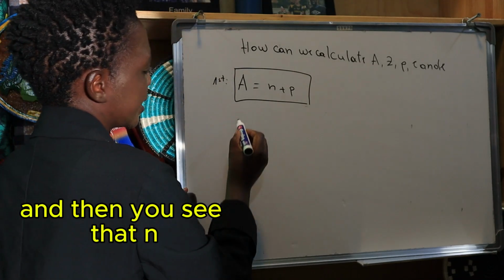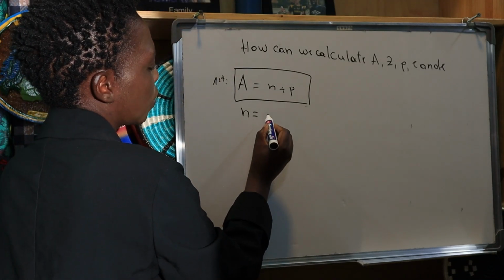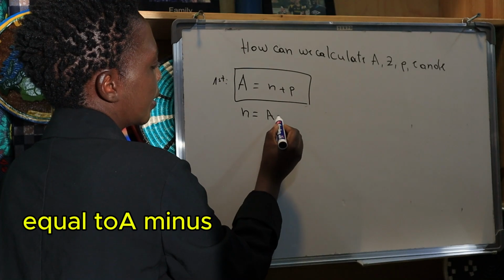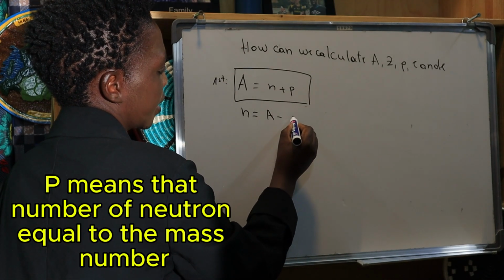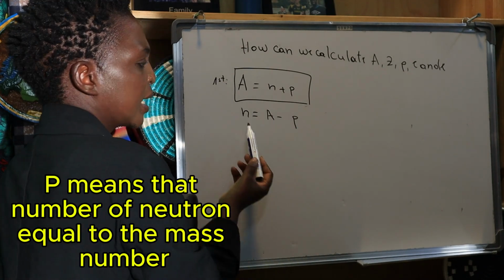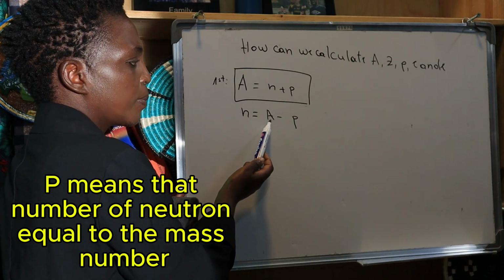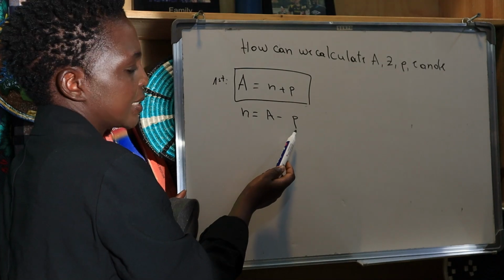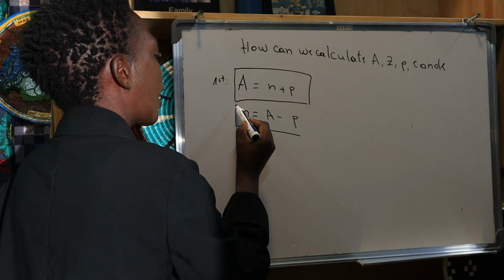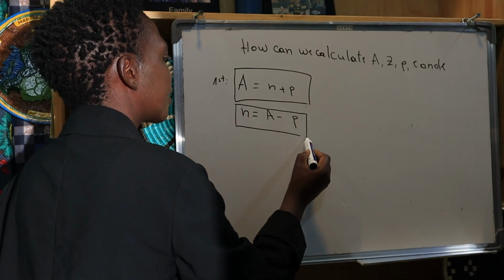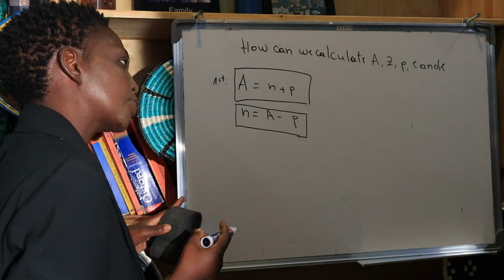And then you see that N equals A minus P, which means the number of neutrons equals the mass number minus protons. This is how we calculate the number of neutrons.